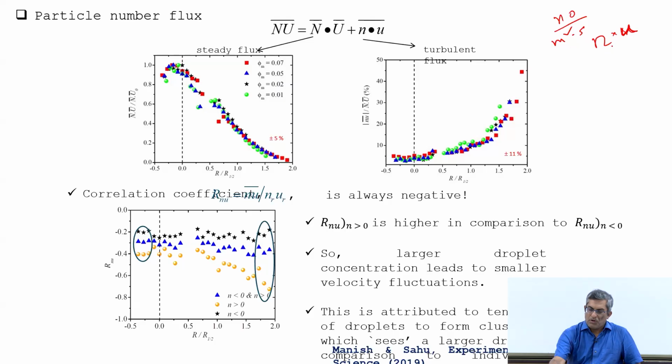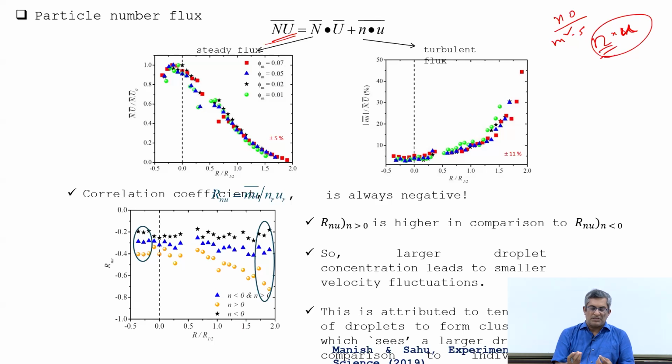Because we can count the number of particles in each measurement area, at any instant of time we can find the instantaneous local number flux. And then you average that over time and then you get this. So this represents the average number flux.